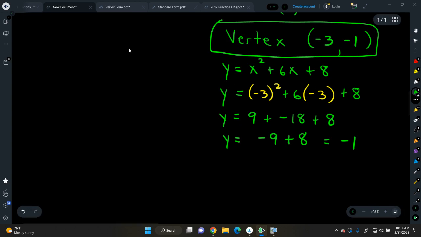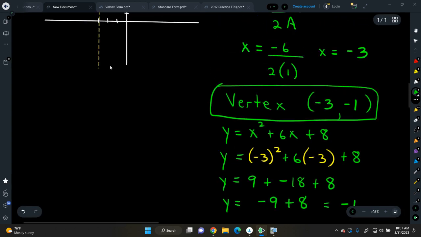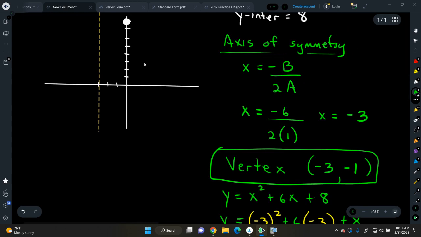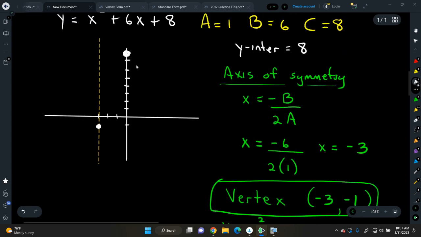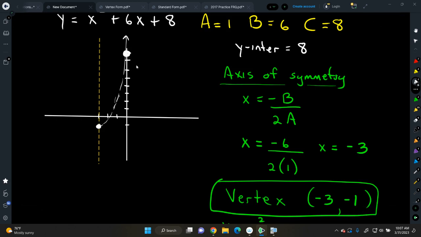Okay. So now I can go back up to my graph and I can put my vertex on there. Negative 3, negative 1. There it is. So I have half of my graph again. How do I find the other half?